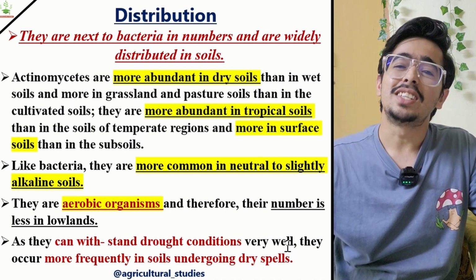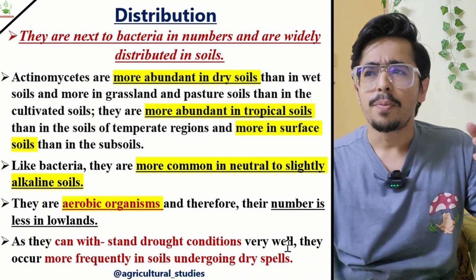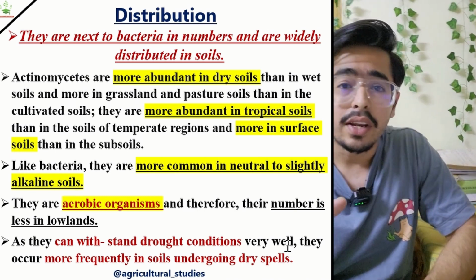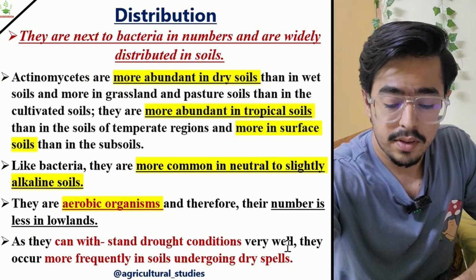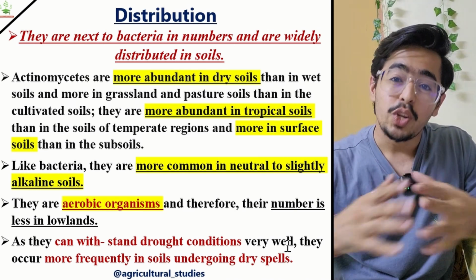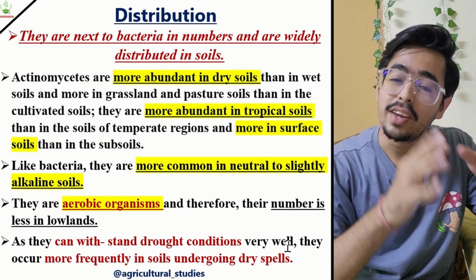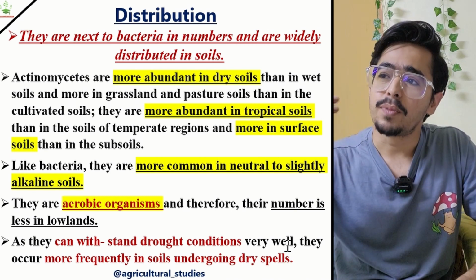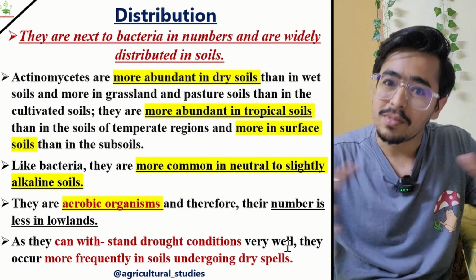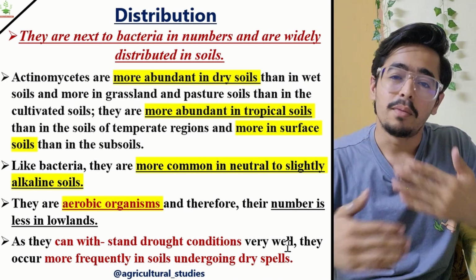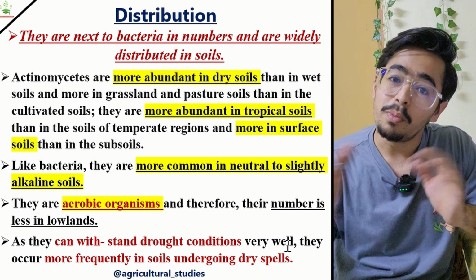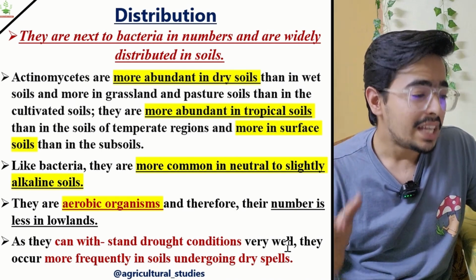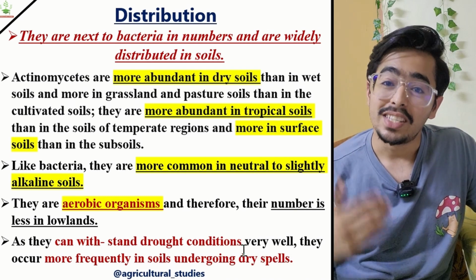Dry spell is a period of continuous days in which rainfall has not occurred, continuous 4 to 5 days, or less than 1 week. The time period in which rainfall has not occurred, which should be less than 1 week, would be called a dry spell, right? So in dry spells, we can say the actinomycetes are more.